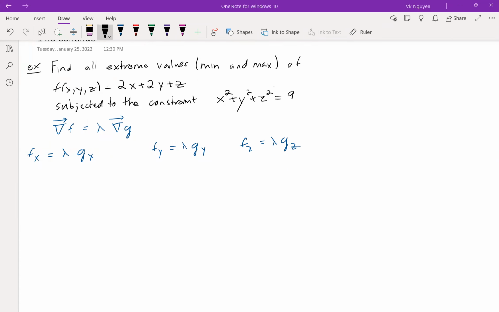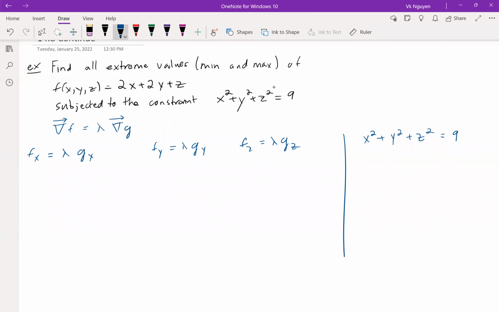We also have the constraint equation here: x squared plus y squared plus z squared equals 9.